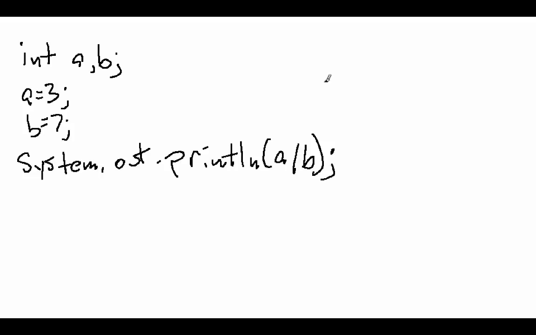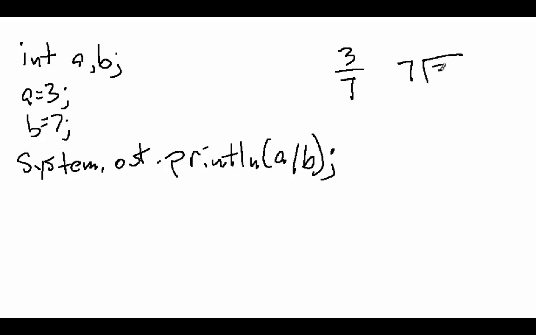Okay, now the thing that you need to remember about the Java programming language is that if I have an integer and I divide it by another integer, A divided by B, the result has to be an integer. So the question is what integer am I going to get over here? Well, I'm dividing the integer A by the integer B. You could take this back to your days in grade school.